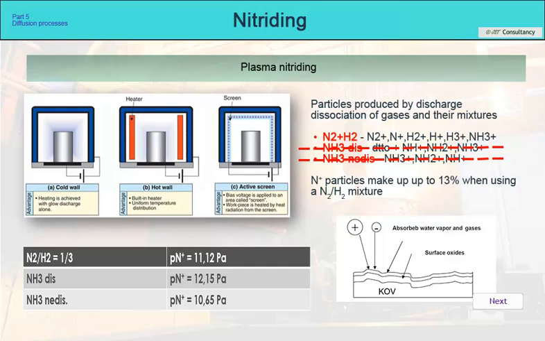By operating at a high cathode voltage, usually up to 1 kilovolt, the particles ionized in the glow discharge are highly energy efficient. In combination with the reducing effect of pure hydrogen, there is an excellent ability to deoxidize the surface and remove surface impurities.